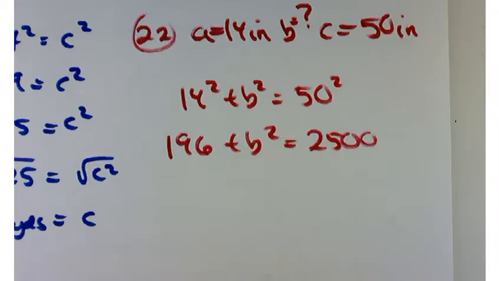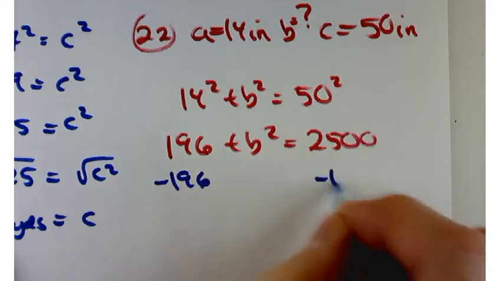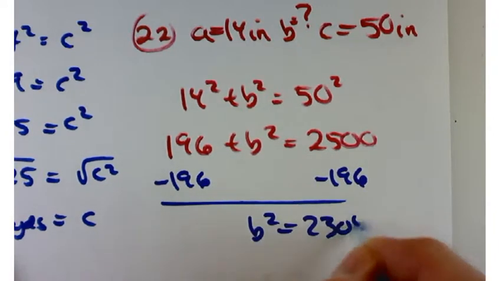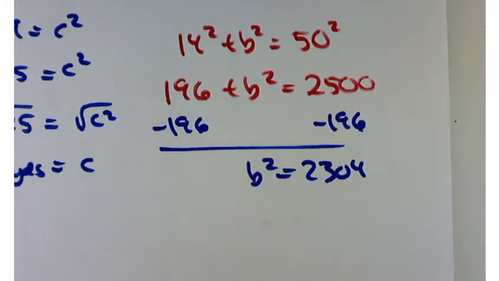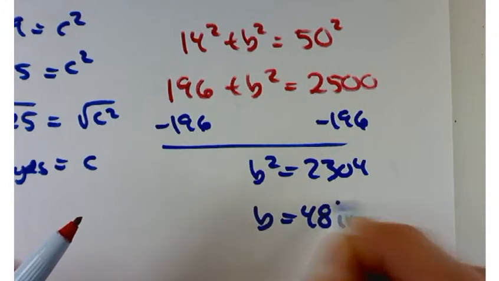Subtract. All right, so subtract 196 from both sides. B squared equals 2304. What does B equal? 48 inches. Good. B equals 48 inches.